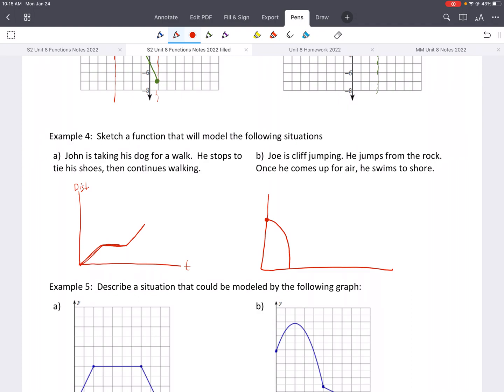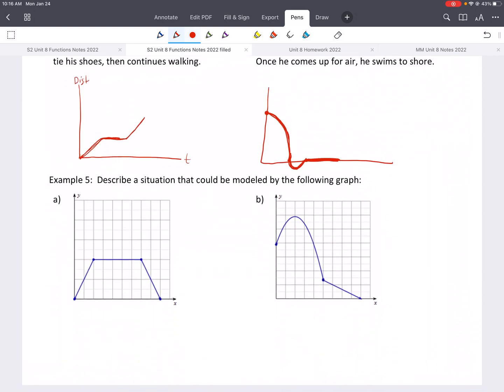All right, once he comes up for air, he's going to go into the water somehow, and then he swims to shore. So maybe that line continues to go that direction. So again, it's not specific. If you drew it a little different, that's probably okay as long as it applies to the situation.